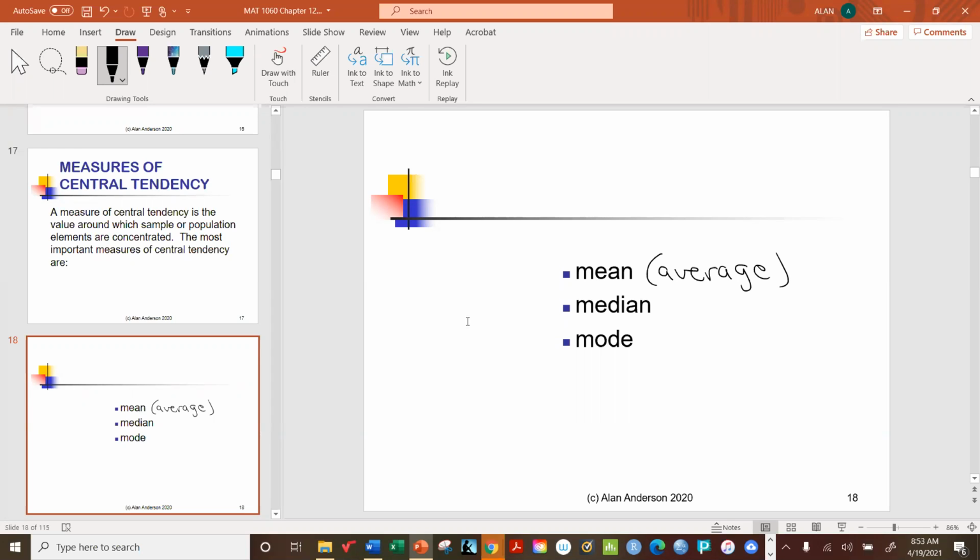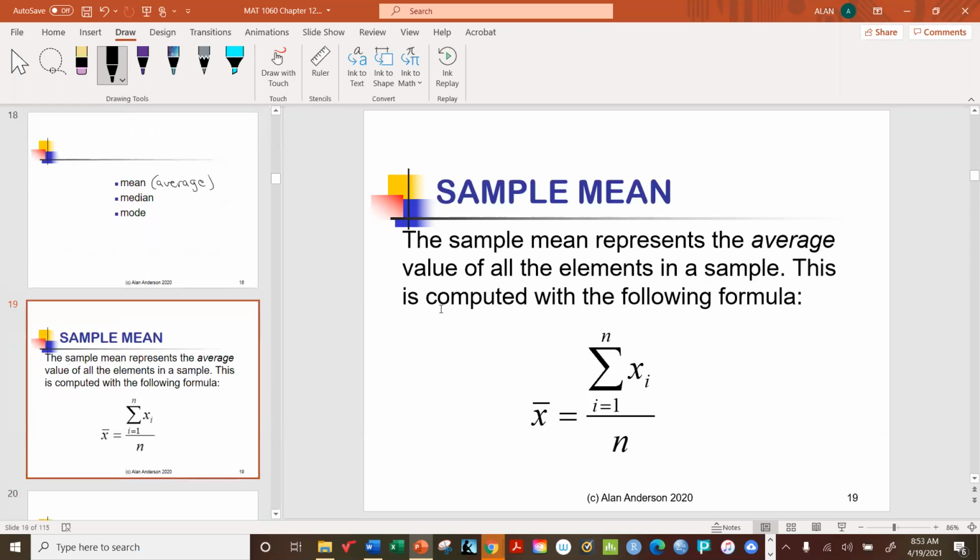I would add them all up, and I would divide by the number of students in the class. So intuitively, everybody knows what this means, but we want to formally identify the procedure that's being used to do this. And so we'll start by observing that the formula for calculating the mean of a sample is this. Now you can see it looks scary, doesn't it?